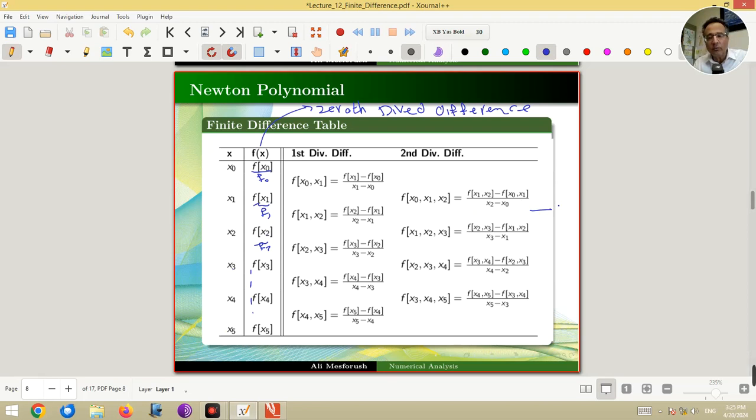From these two, you can get f of x0 to x3, and from the next you can get x1 to x4, and from these two you can get the other one, and from this one you can get the final one.